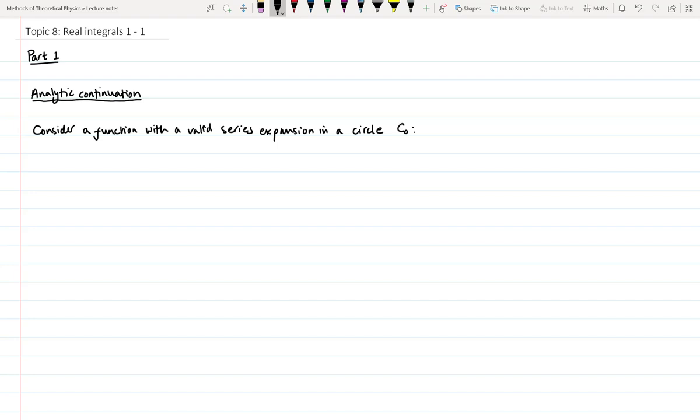I'll draw a picture. Where we have our real and imaginary axes. And let's say that this circle is centered at some point Z0, and it looks like this.